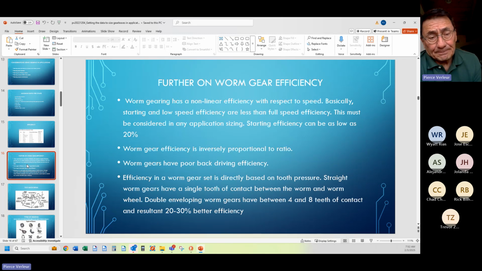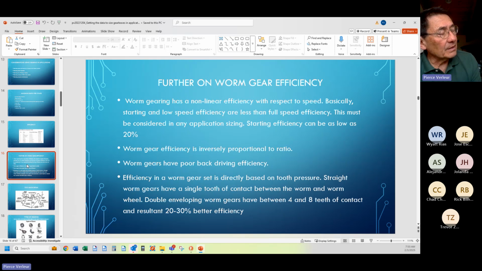It can be 5%. The reason we never, ever depend upon a worm gear as a braking mechanism is because with any vibration whatsoever, that back driving efficiency may change and the load will inch down. And that's unacceptable in many cases. It can be quite dangerous. So you always should add a brake when you want things to stop.